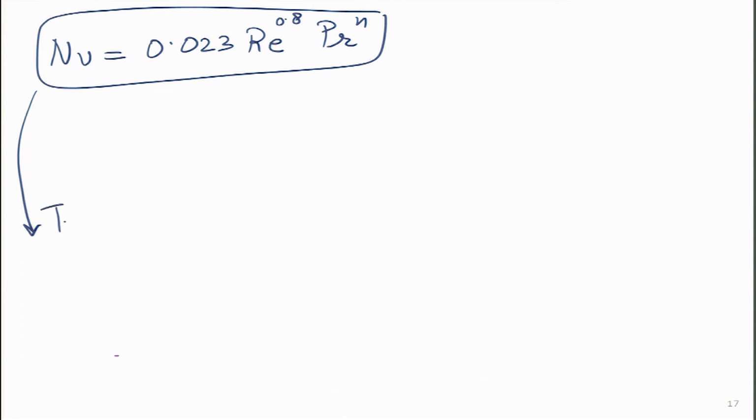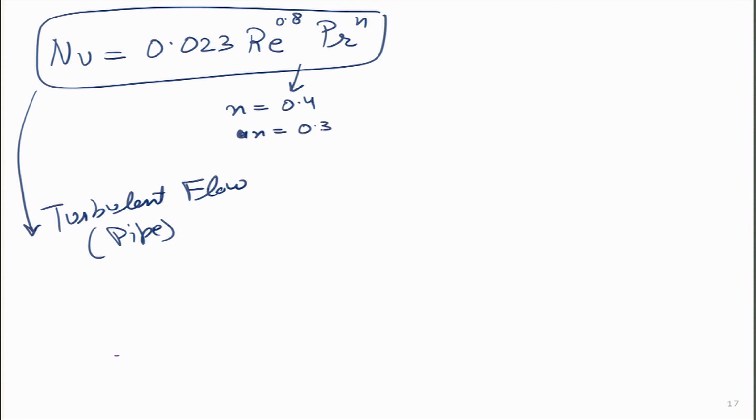This expression is for turbulent flow inside a pipe, and the value of n we can take as 0.4 or 0.3. We will take 0.4 if heating is taking place and 0.3 if cooling is taking place. So, for cooling and heating we get these two different types of expressions.